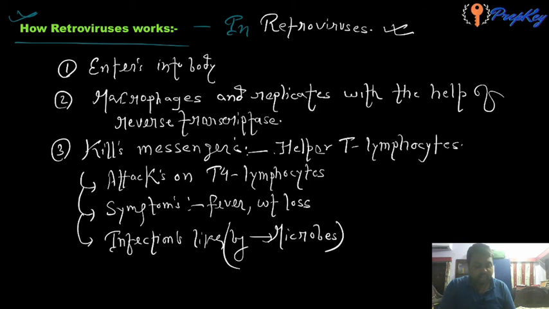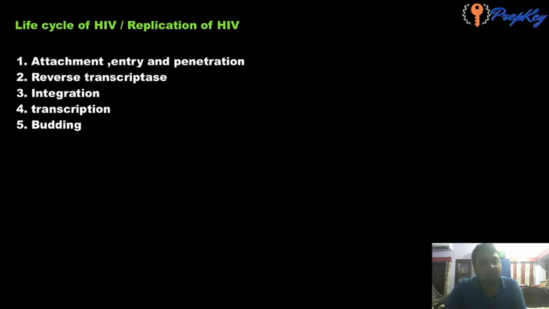Now let's discuss how the life cycle of HIV, or human immunodeficiency virus, works and how they replicate. That's the most interesting part here, let's see how they work. Let's assume this is our HIV, and they have the receptors with it.